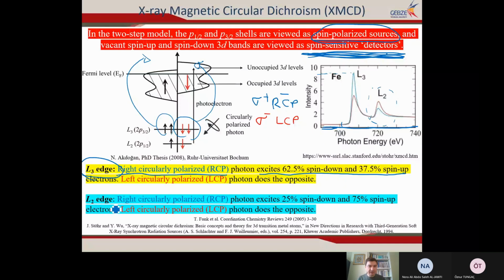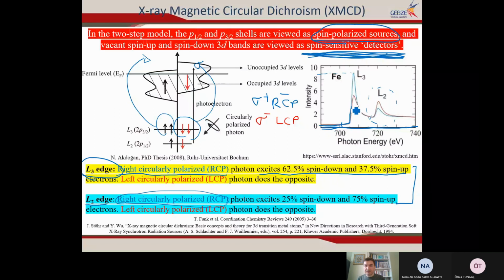If you send photons with energies around the L2 edge, then right circularly polarized light will excite 25% spin down and 75% spin up. So what do you see here? It is opposite, okay? So then we see this type of curve.